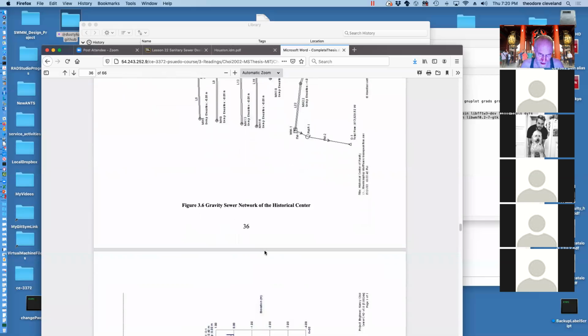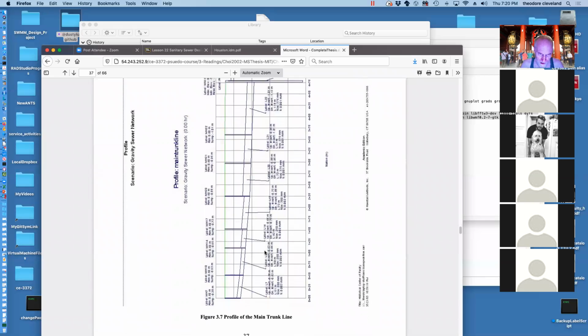And so there's the gravity sewer network, and then here's the profile plot. And you'll notice initially, just like a profile plot in SWMM, the only thing that's a little bit disturbing to the eyes are these offsets not matching the crowns.